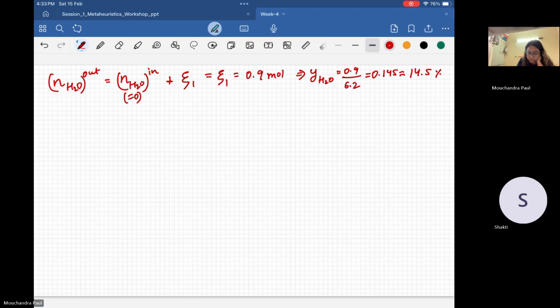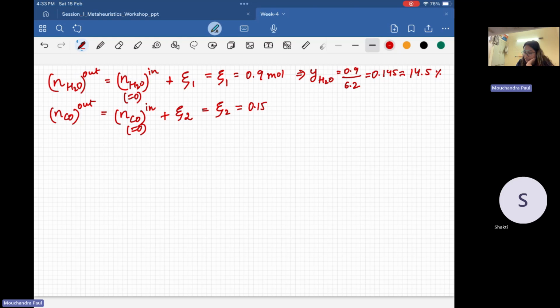Then for CO, it is getting formed in reaction 2. However much CO, we are not adding any CO, but it is getting formed in reaction 2. So this part will be 0. So this will be only Xi2. Xi2 is 0.15, right?